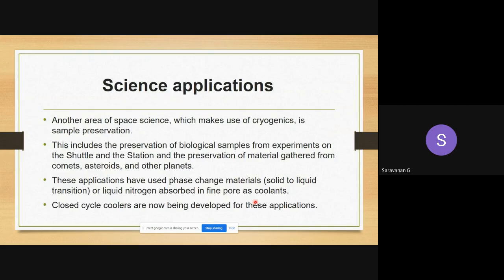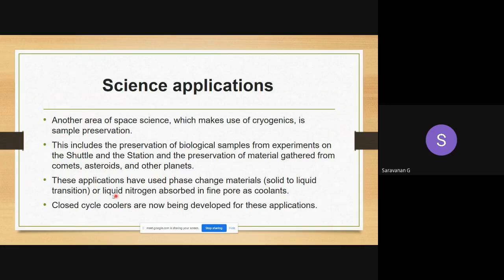For this application also, these cryogenic fluids can be used. This application uses phase change materials, solid to liquid transition, or liquid nitrogen absorbed in fine porous coolants. This is a phase change application for the preservation process.